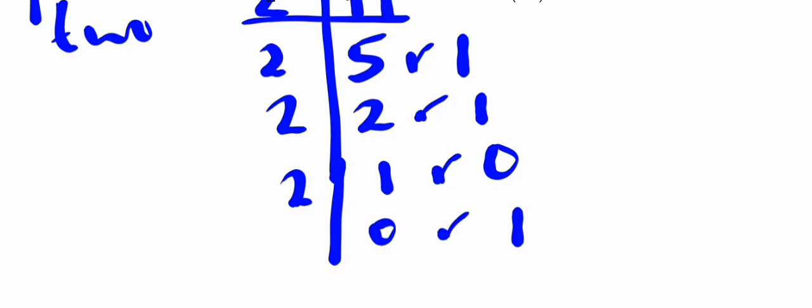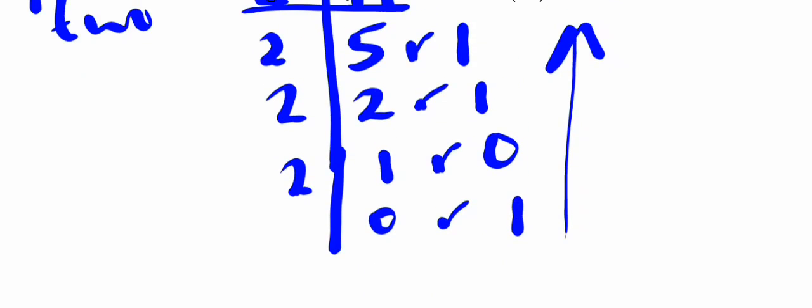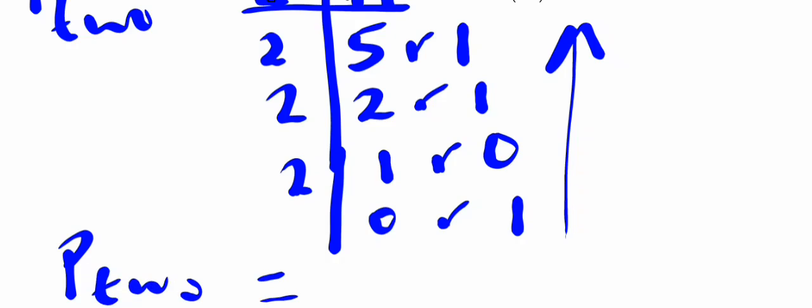And by the time we write our answer, we write it from bottom up. And this will give us 1011. So therefore, P in base 2 gives us 1011 in base 2. So this is the solution to question 1a of our BECE.